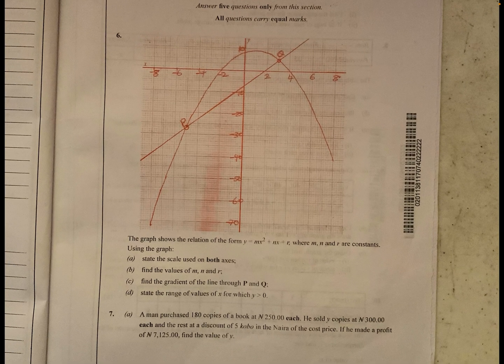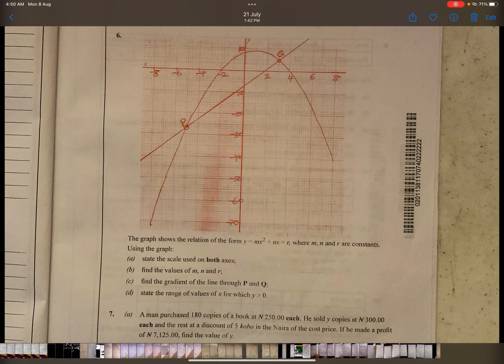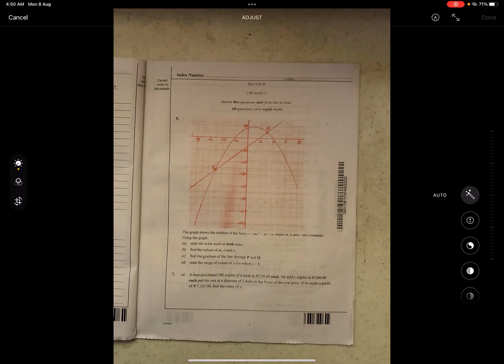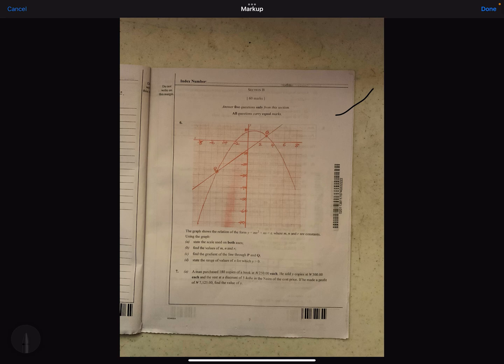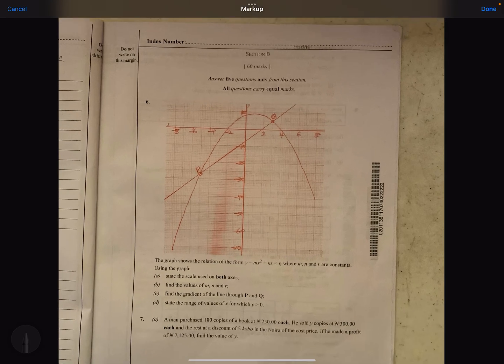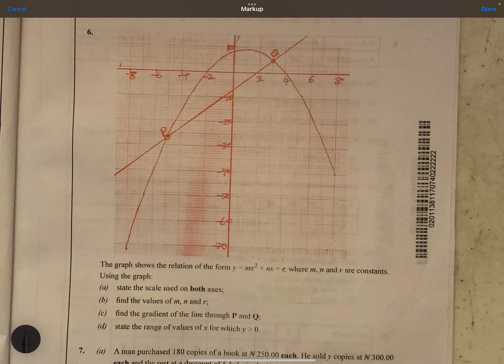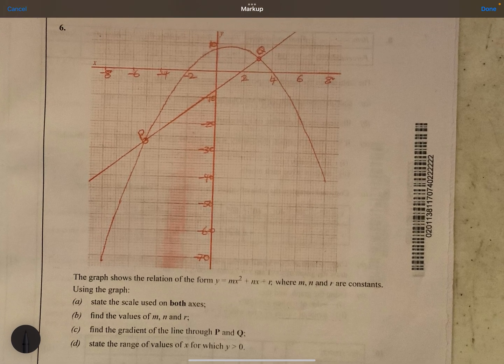How do we do that? Let's see. Okay, let me make that a little bolder. Okay, scale.